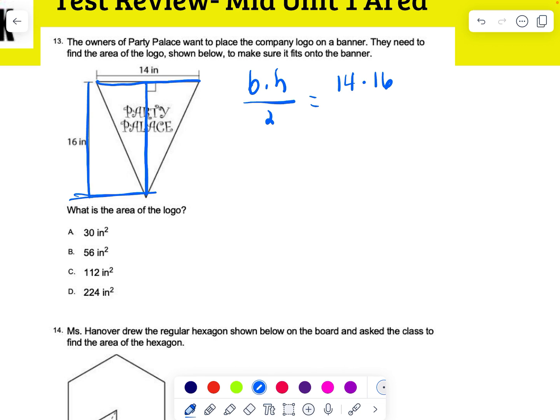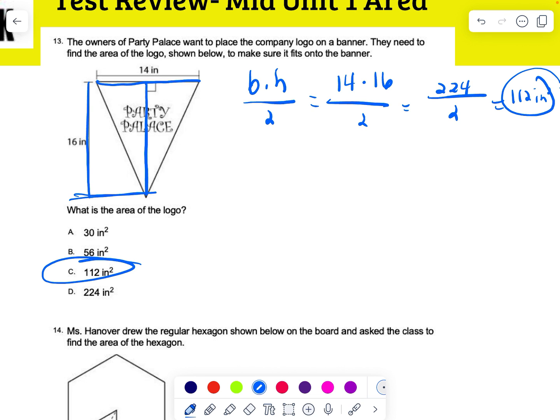If we do 14 times 16 divided by 2, that's going to give us 224 divided by 2. So if we divide that by 2, that's going to give us 112 inches squared. So that's it, folks. And I do divide by 2 because this is a triangle.